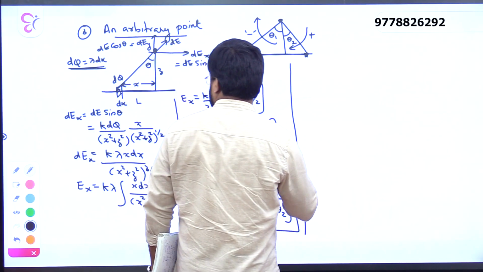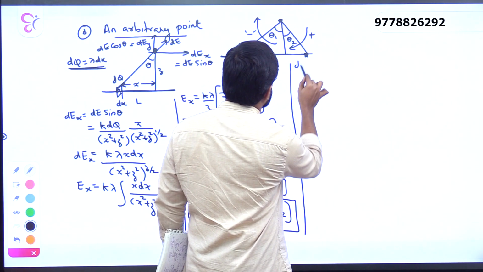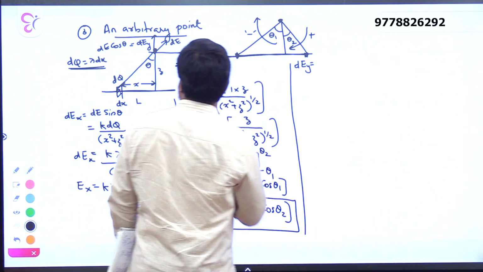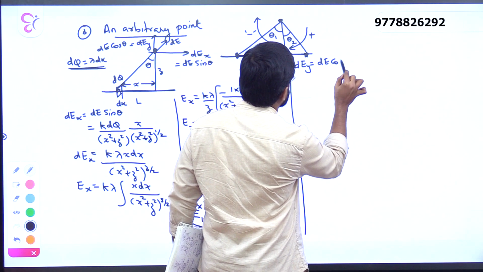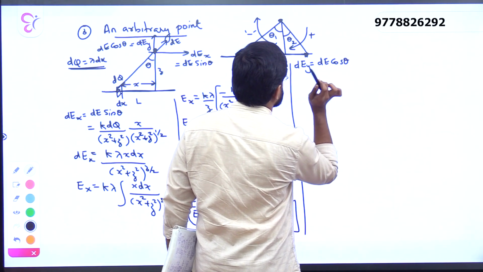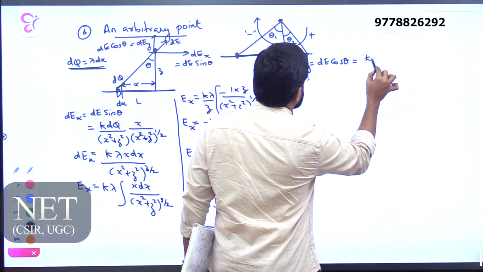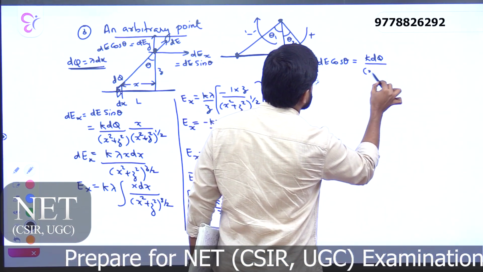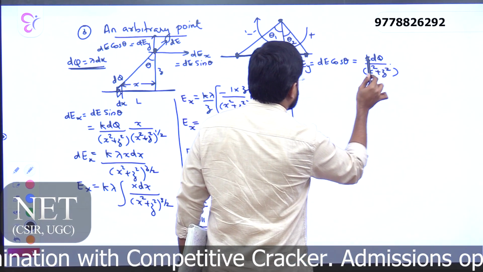Similarly, if you take this y component dEy, what is dEy? dEy is dE cos theta. Just substitute for dE. This is k dq divided by x square plus z square into cos theta.